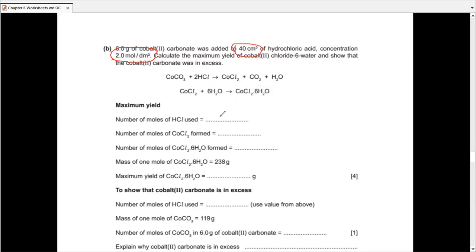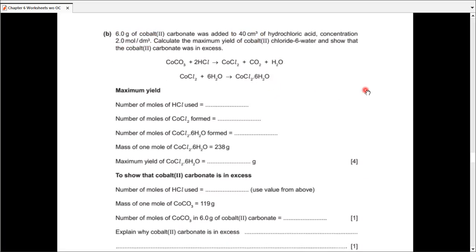So I'm going to rearrange it a little bit. I have the whole question in front of me. That's what we use to calculate the number of moles. This is 2.0 mole per decimeter cube multiplied by, was that 40?